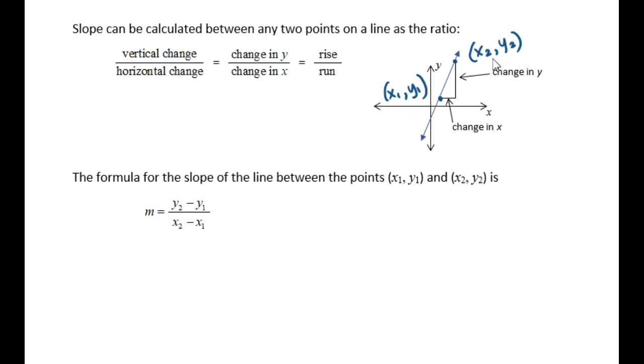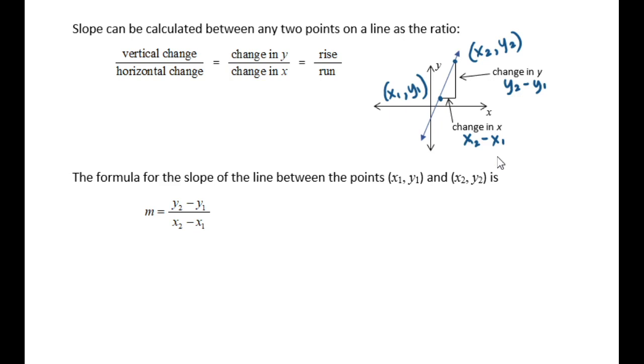In our examples, we'll have numbers for these coordinates, and we'll plug those numbers into this formula. But you can see here that the numerator, the change in y, is the difference between these two y-coordinates. And the change in x is the difference between these two x-coordinates.